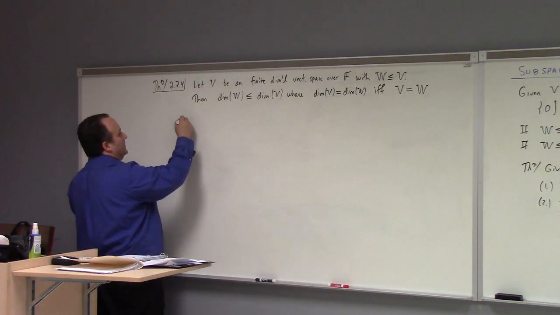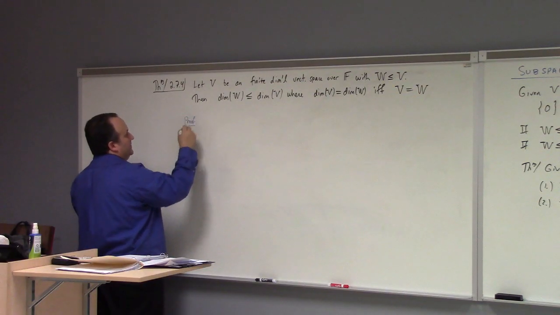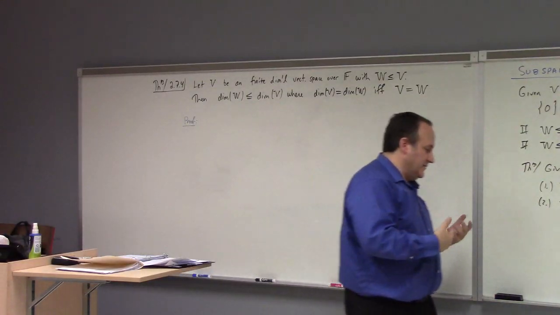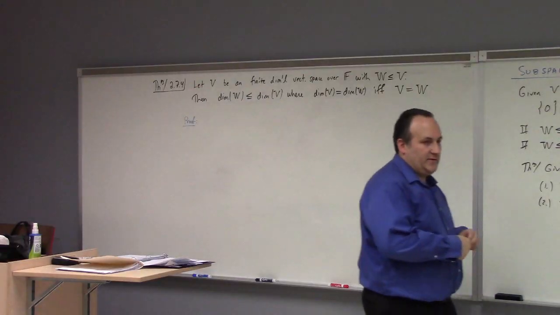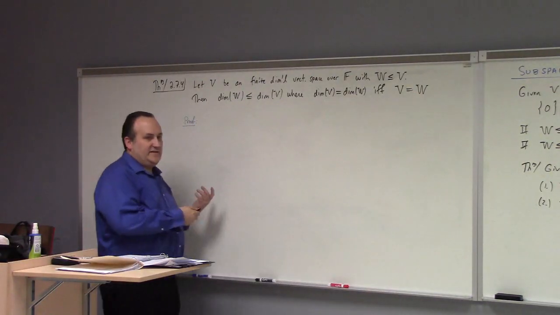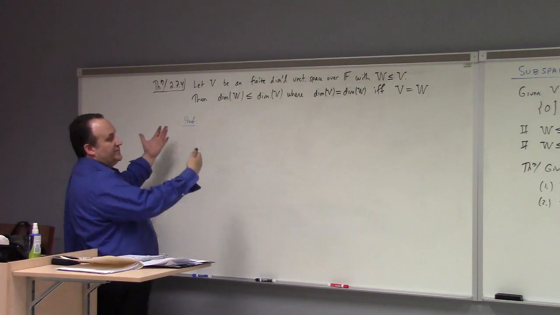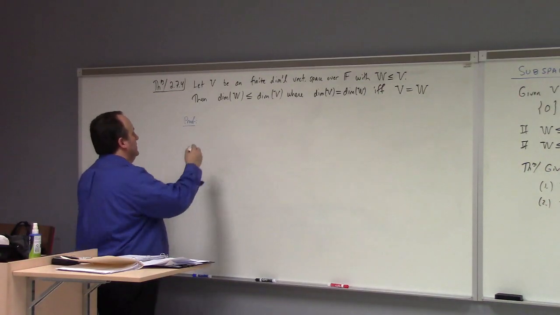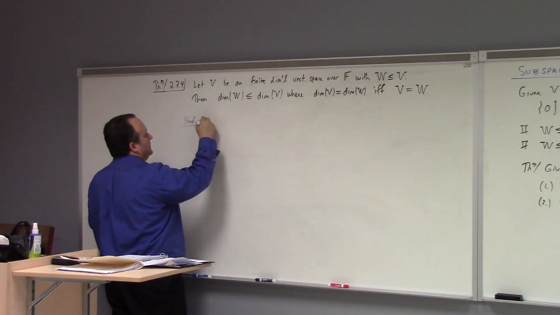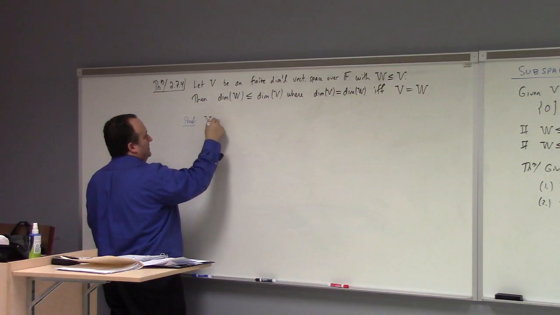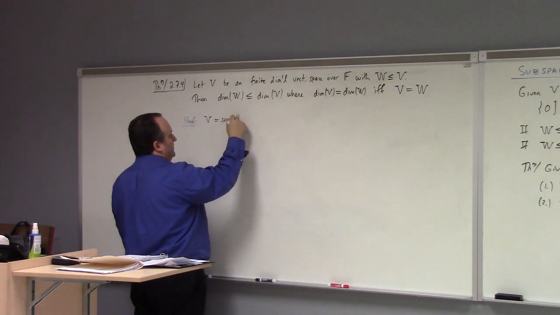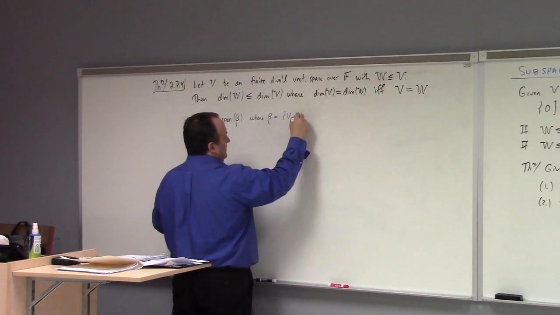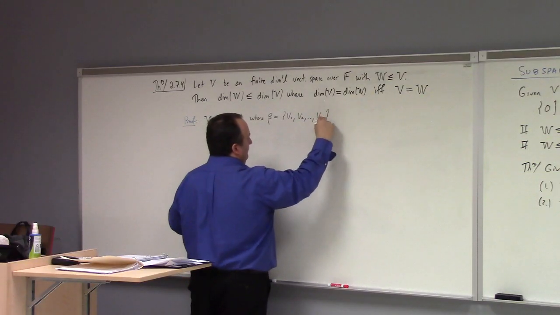So the proof for this theorem basically rests on the deeper theorems that we talked about the other day in terms of basis extension. So I think it's good for me to apply those here so you can see how it works. So we know that V is equal to the span of beta, where beta is something like V1 through Vn, right?